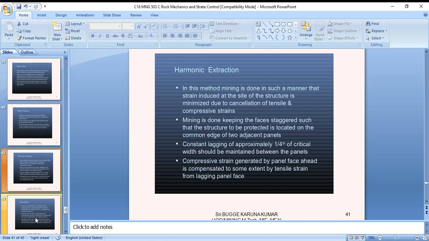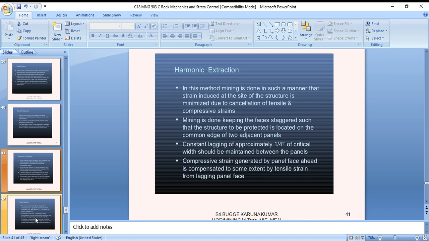In this method, mining is done in such a manner that the strain at the site of the structure is minimized due to cancellation of the tensile and compressive strain.